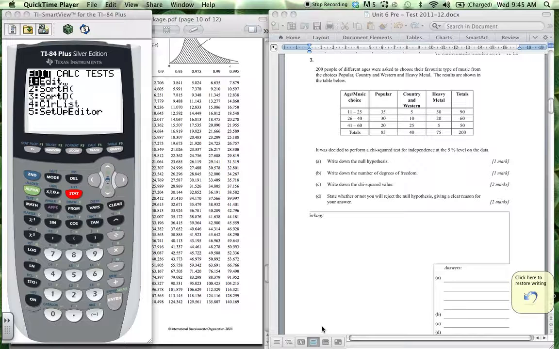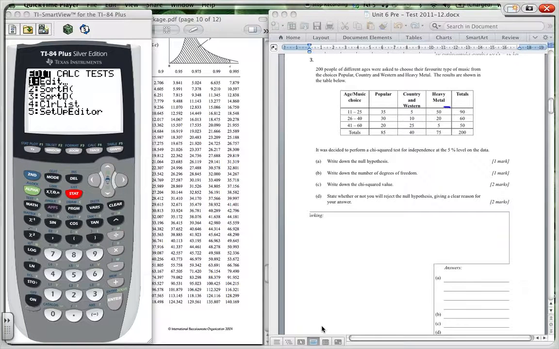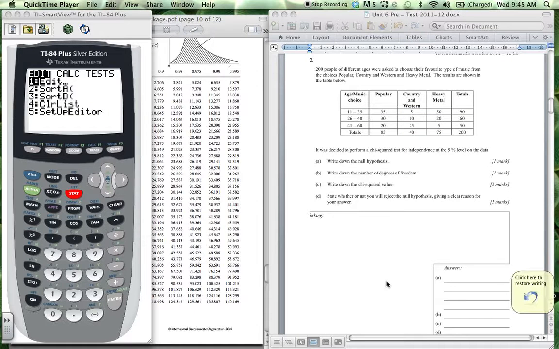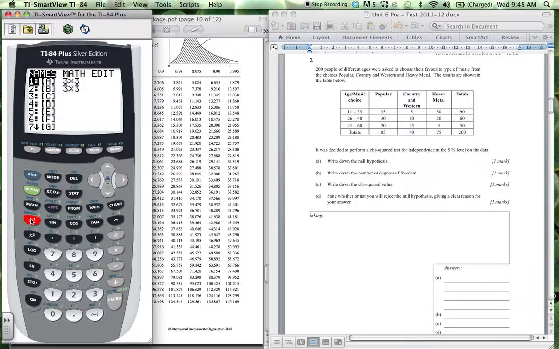So in doing this, we want to enter this data into a matrix. To do that, I go second function, and then this button over here, matrix. Then I go along to edit, and we're going to edit the first one, the A1.